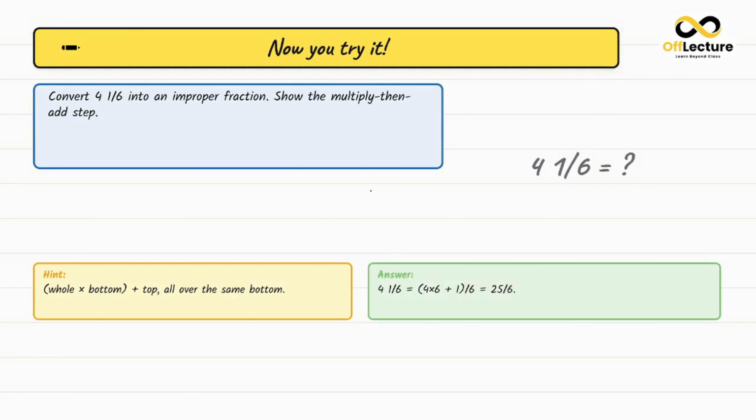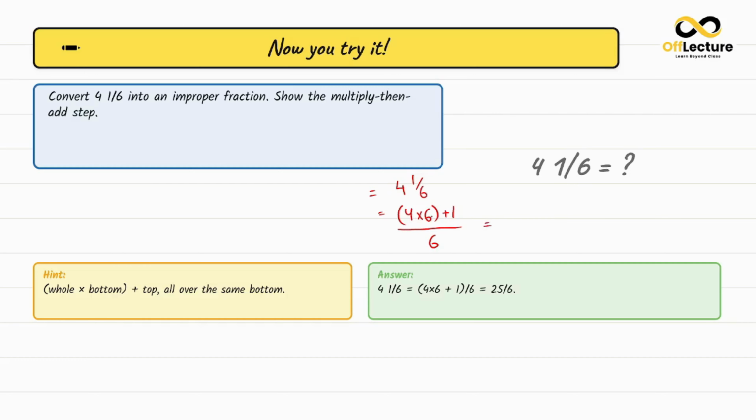To do it step by step, we write 4 1 by 6, which becomes 4 multiplied by 6 in round brackets, plus the numerator 1, over the denominator 6, which remains the same.